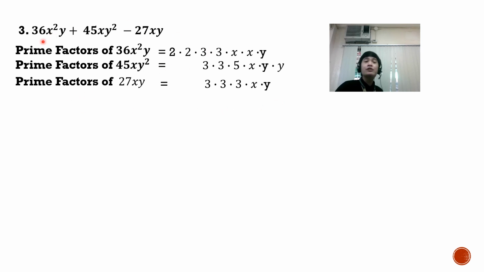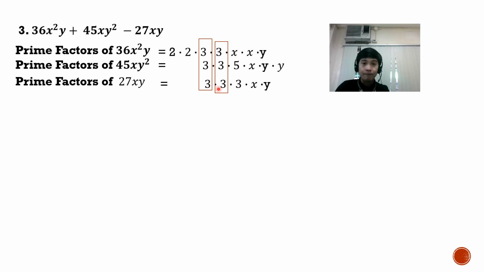So yan po yung unang proseso na ginawa natin dun sa una at pangalawang halimbawa natin. Ang next nating ginagawa, sa pangalawang proseso, tinutukoy natin yung mga common factors sa bawat expression. Nung nilista natin yung mga prime factors nila, aalamin natin yung mga common factor, yung mga pagkakapareho nila, and then we will take them as one. Isang 3 na agad yan.